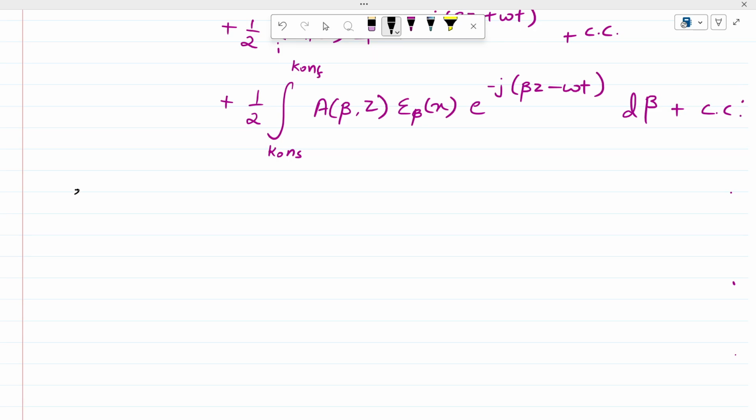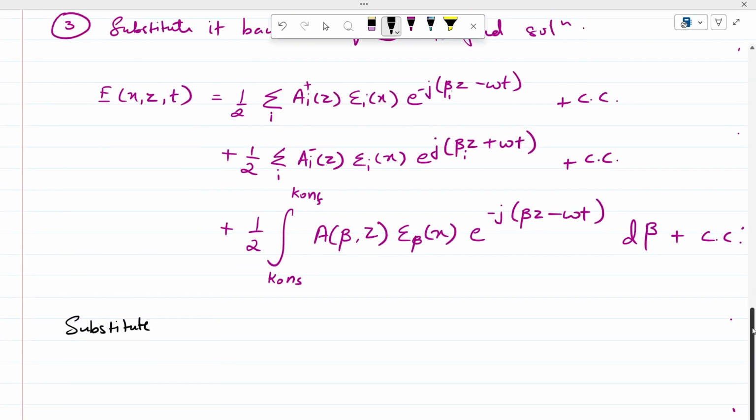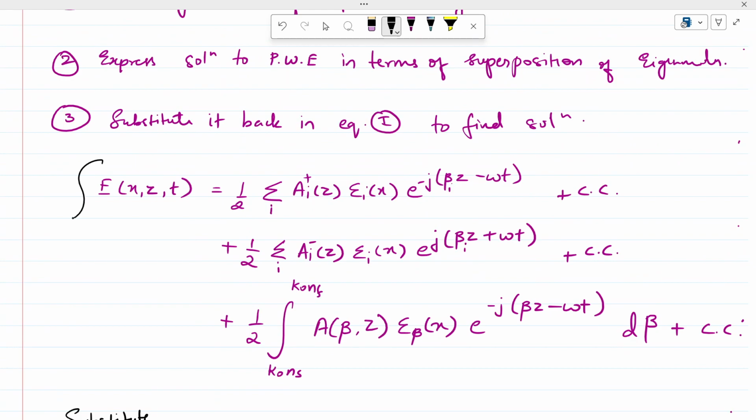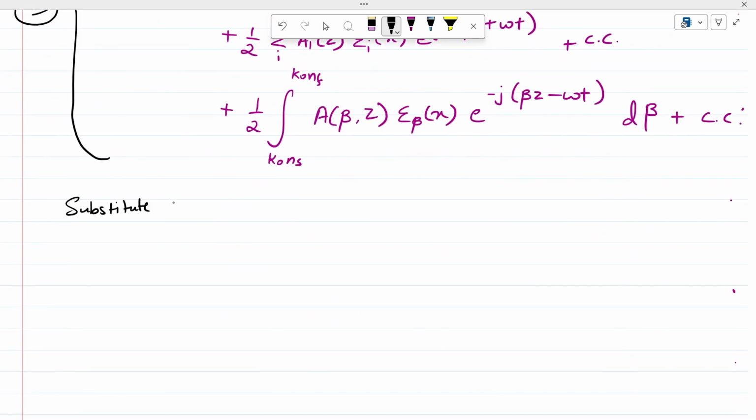So what we are supposed to do is substitute. We need to substitute the solution in the wave equation. If I call this equation 2, so this is my solution. Substitute 2 in 1.